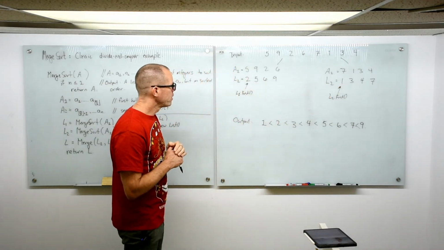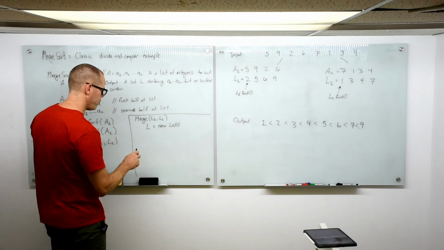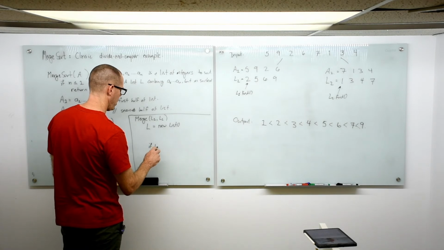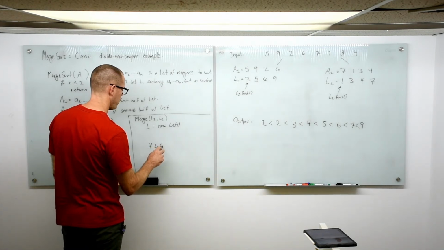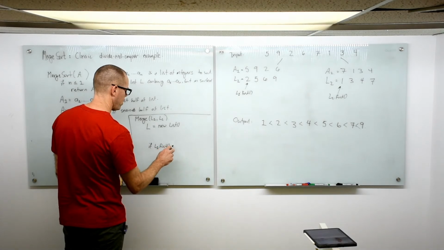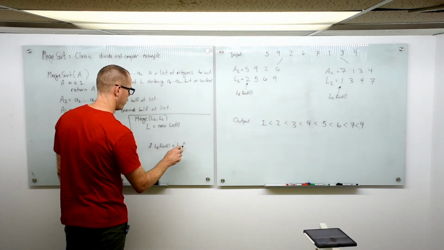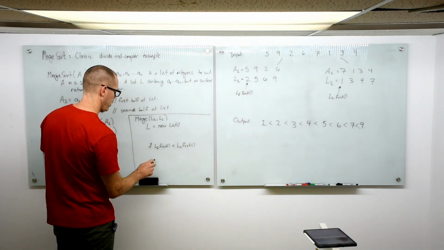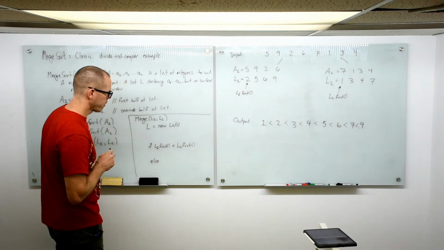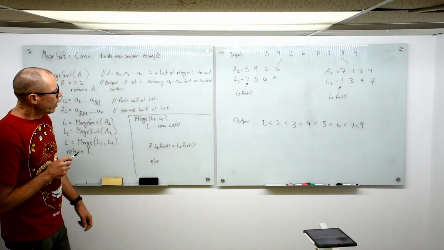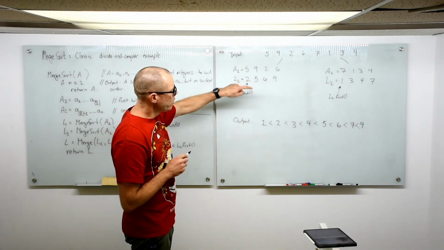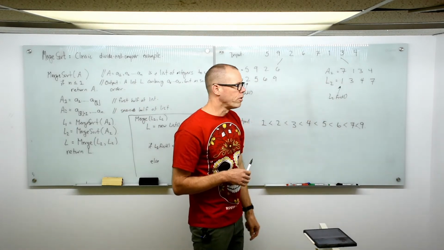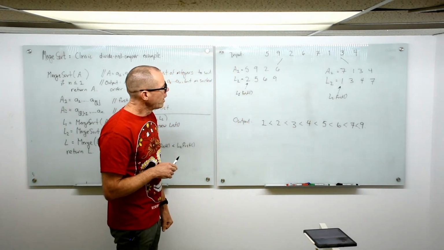So we'll have some if statement that is something like, if L1.first is smaller than L2.first, we should do something. Otherwise, we should do something else. In this case, L1.first is 2, L2.first is 1, so we would be in the second case. L1.first is not less than L2.first.